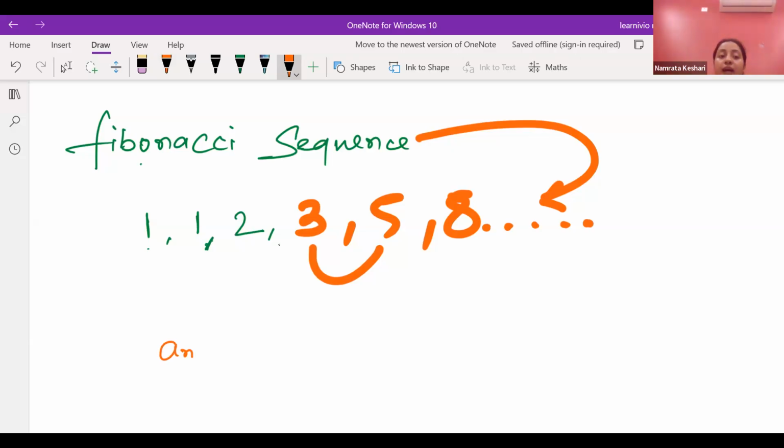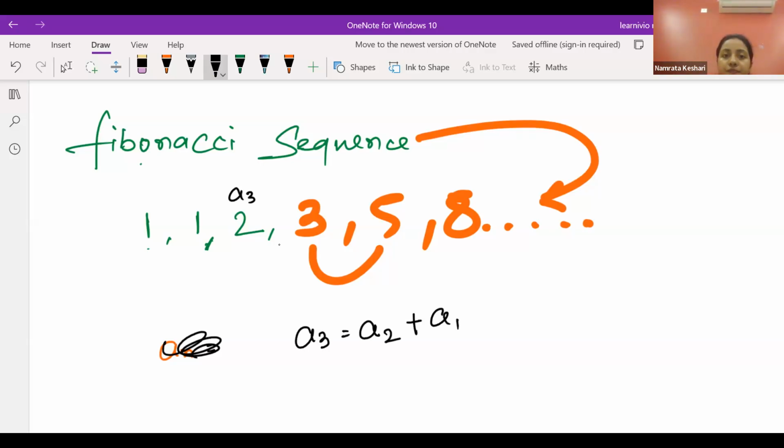That means we have to identify the pattern. If we have to create the nth term, let's try creating it. From the third term, the third term is the second term plus the first term.